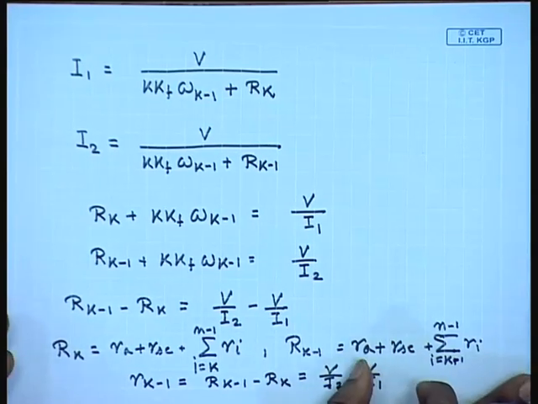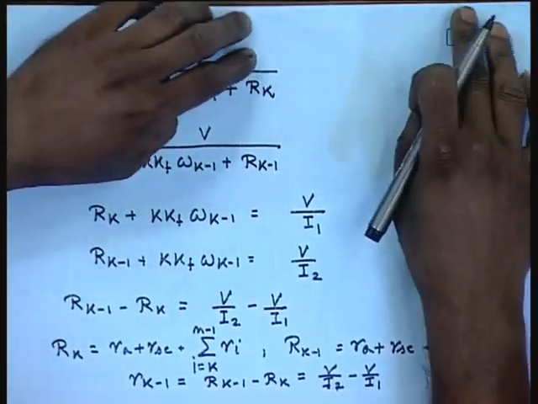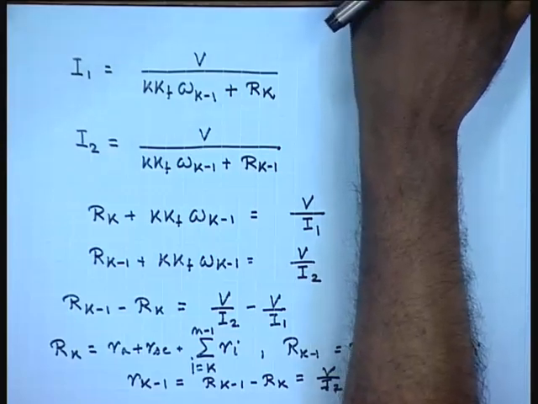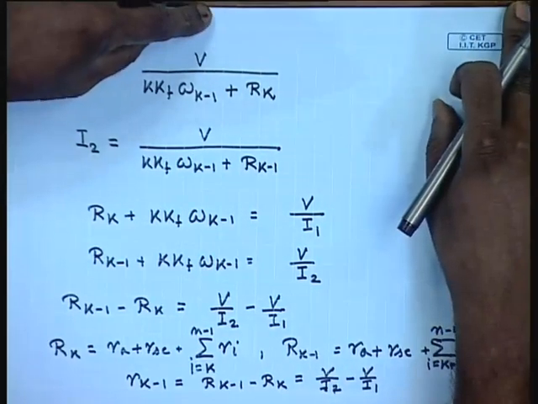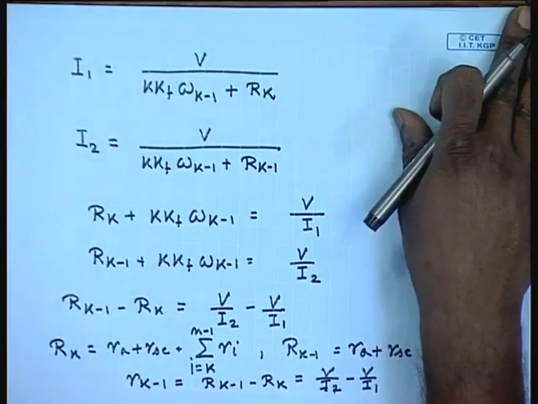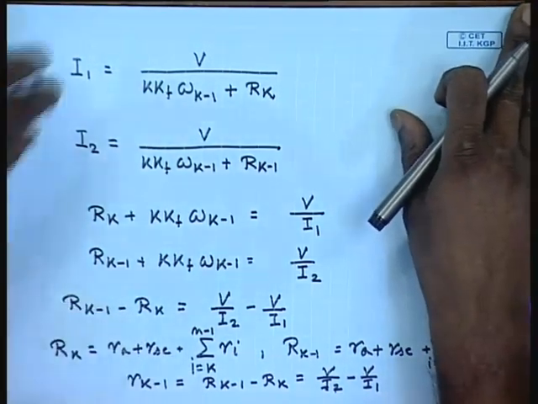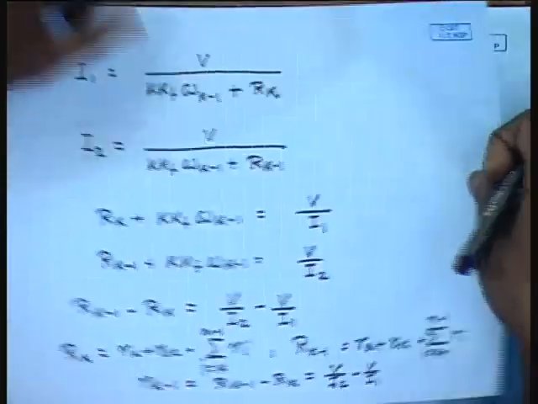So, this is how we can find out the sectional resistances for starting the DC series motor. Of course, we have to bear in mind that we have done this assuming that the saturation is negligible. If we consider saturation, then there will be some variation in these resistance values.